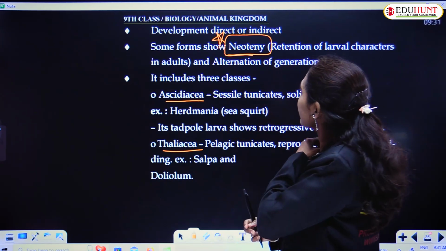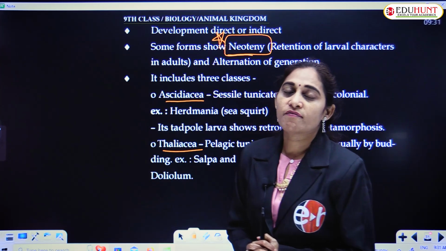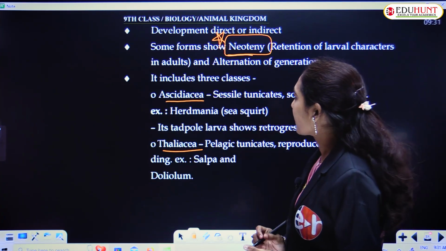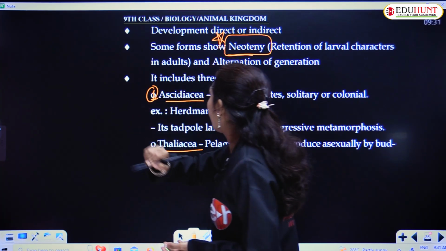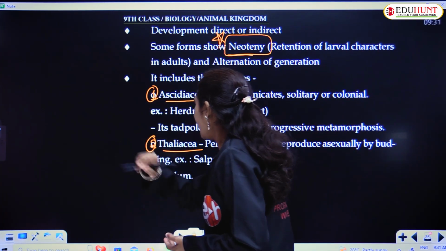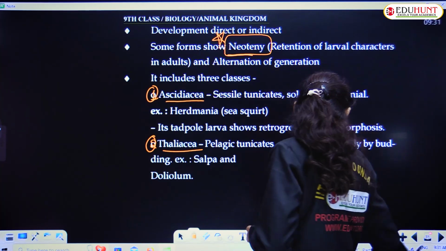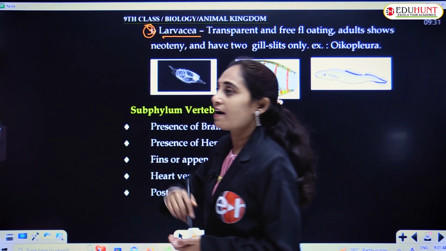The second subphylum, that is Urochordata, is divided into 3 classes. One is Ascidiacea, second Thaliacea, and the third one Larvaceae.